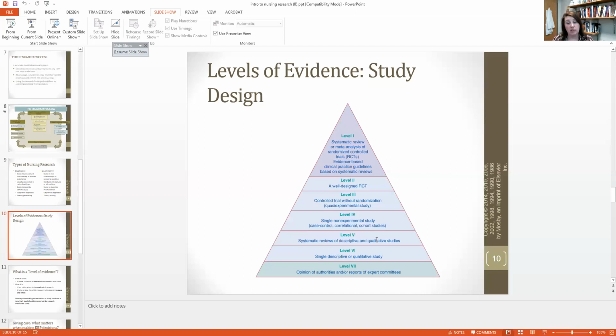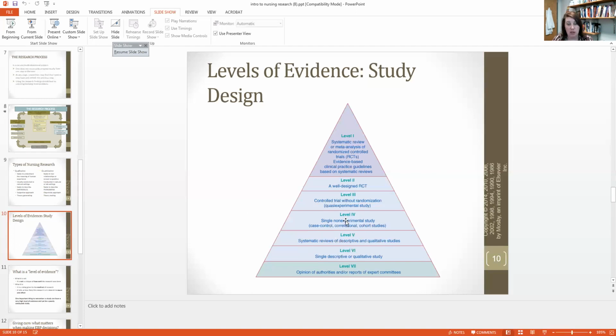So levels 5, 6, and 7 all tend to be qualitative studies, and you can see that right here in the pyramid itself. A level 6 study is one single study that is done at the qualitative level. Level 5 study, here it says a systematic review. So again, we're looking at multiple qualitative studies at this point.